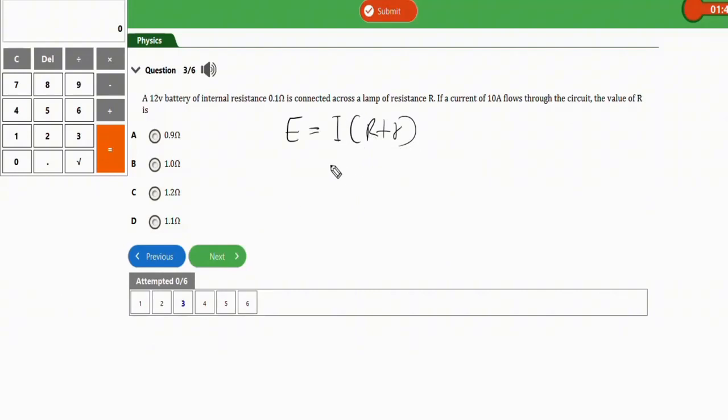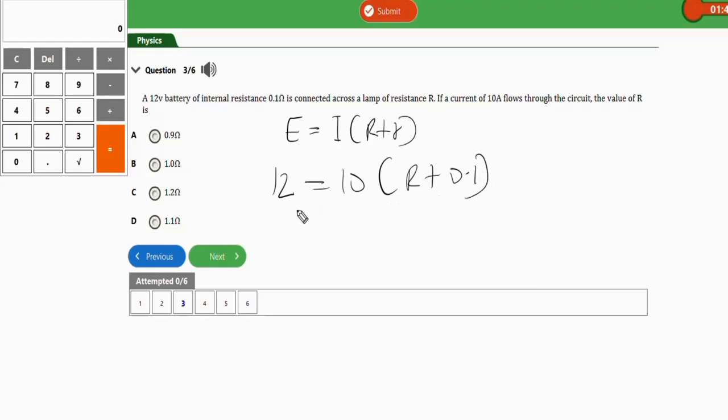So in this question we have the E, the electromotive force, to be 12 volts, and the current is 10 ampere. So in brackets, we are looking for the resistance, unknown, plus our internal resistance is 0.1.